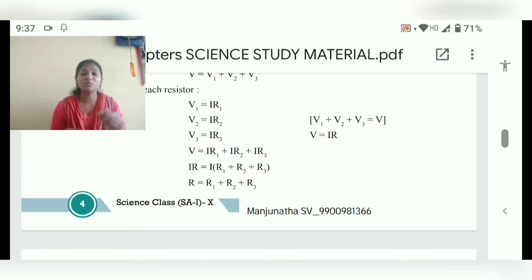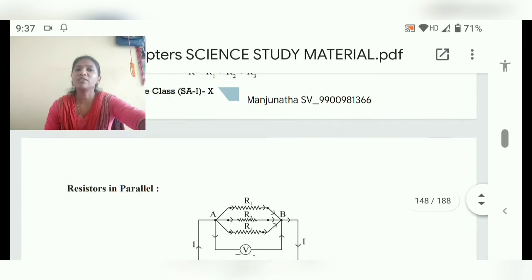For now I am just giving you an idea of what these things are. Please go through the numerical sums, and if you have doubts, you have to wait till Monday. For time being, please understand this.